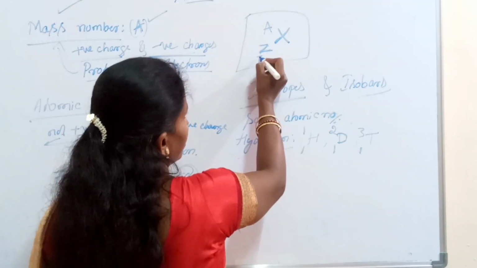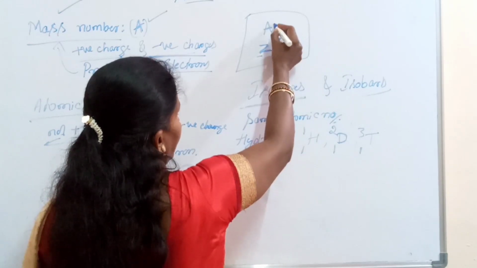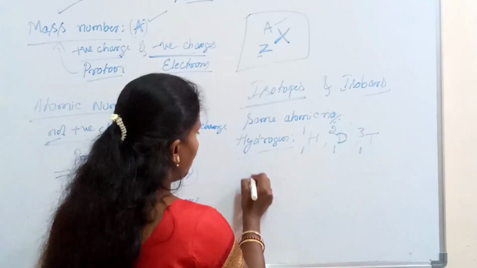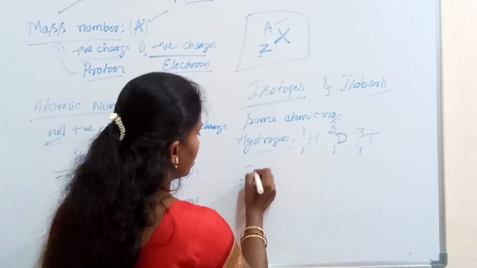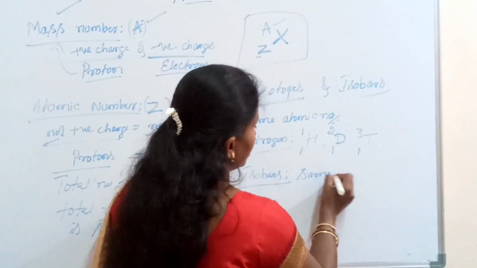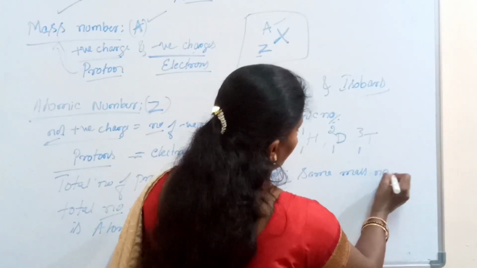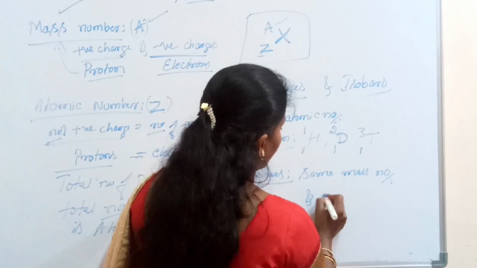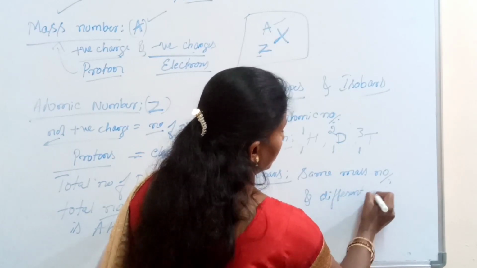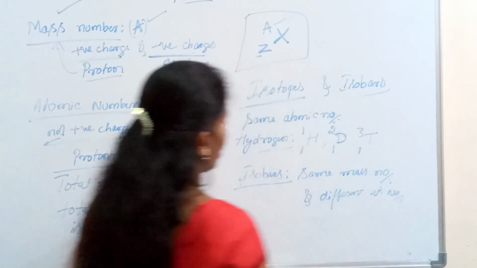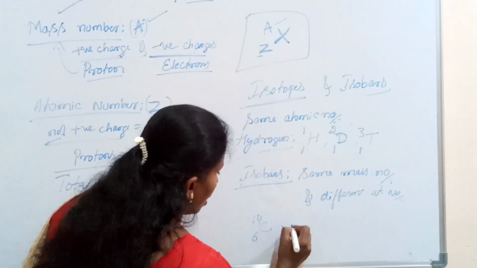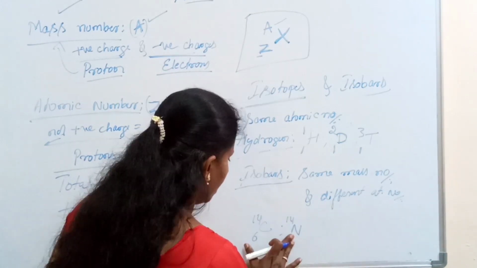Then what are isobars? Isobars have different Z values but the same A value. They are elements having the same mass number and different atomic numbers.